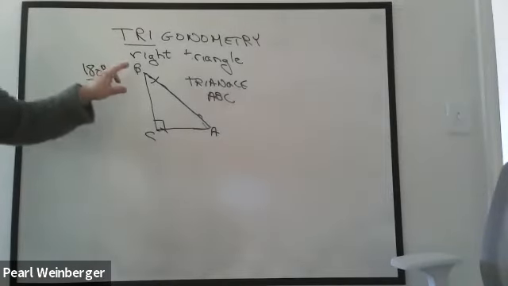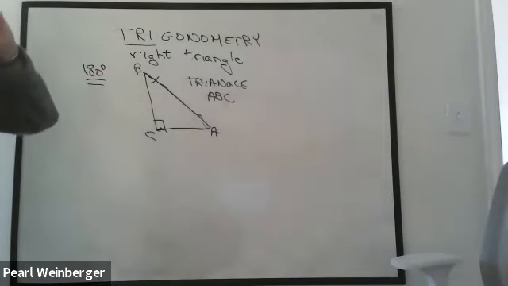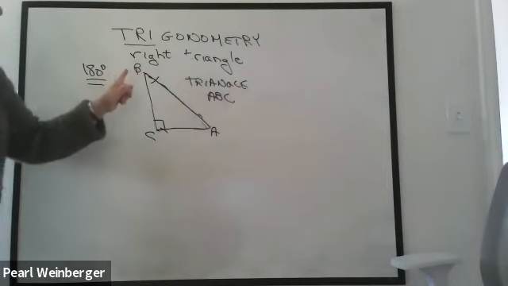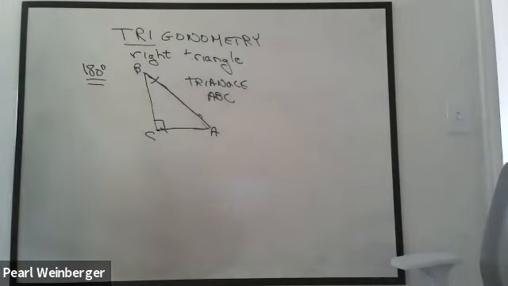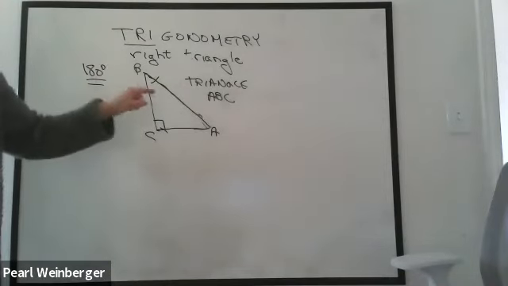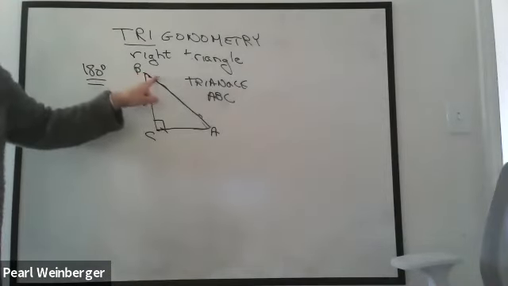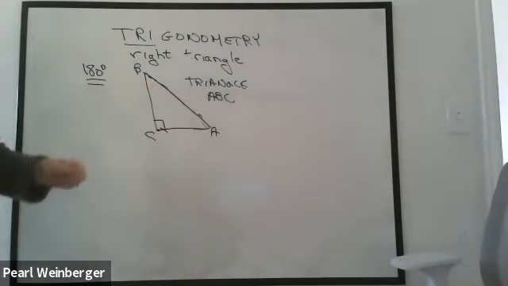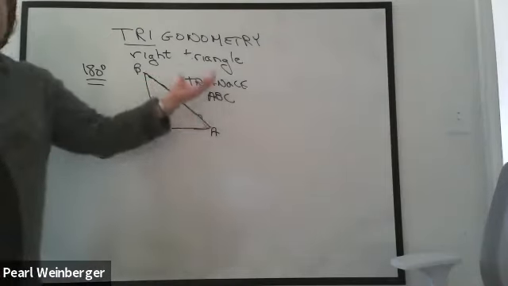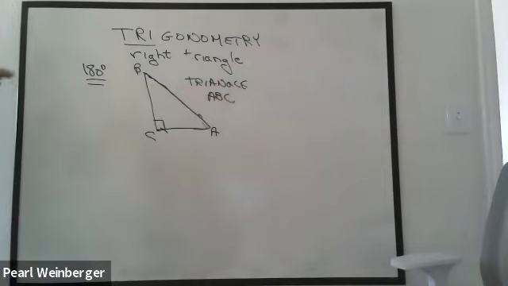So the 3 capital letters that are at what we call the vertices, the corners of the triangle, are what we use to name the triangles. We always name the triangle using capital letters.